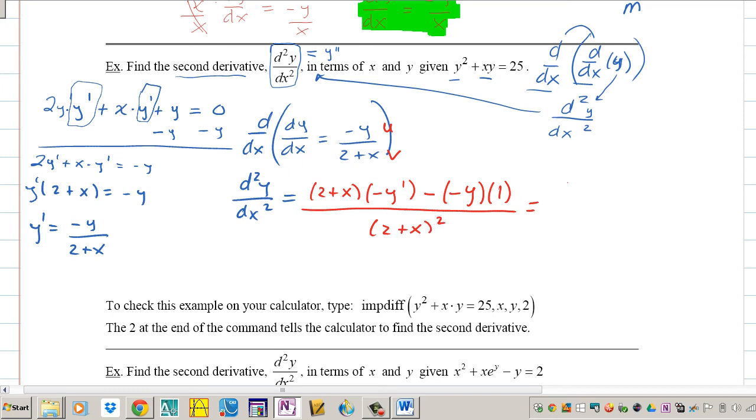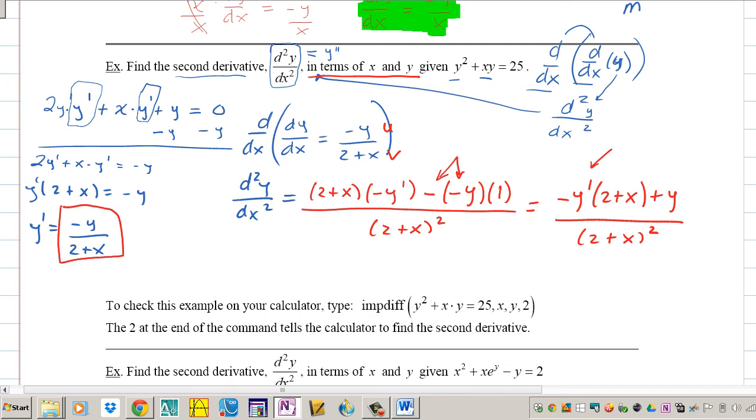Cleaning this up a little bit would be negative y prime times 2 plus x. A double negative means it's plus y, all over 2 plus x squared. The only problem is that it wants its answer in x and y, and notice here I have a y prime. I know what y prime is. That's y prime.